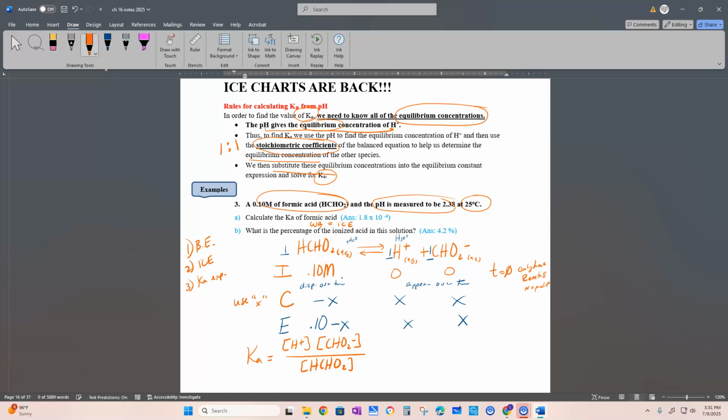Okay? Now plug in your values. So I have X and X. The same thing as saying X squared over 0.10 minus X. Okay? You don't have to say X times X. You can say X squared. And we're trying to find Ka.